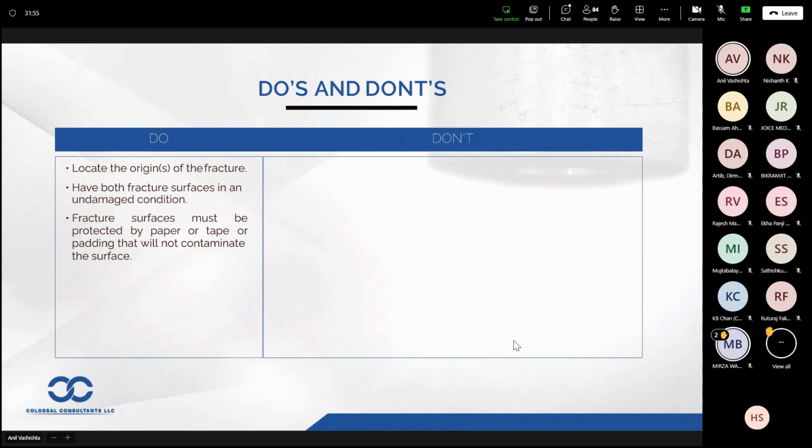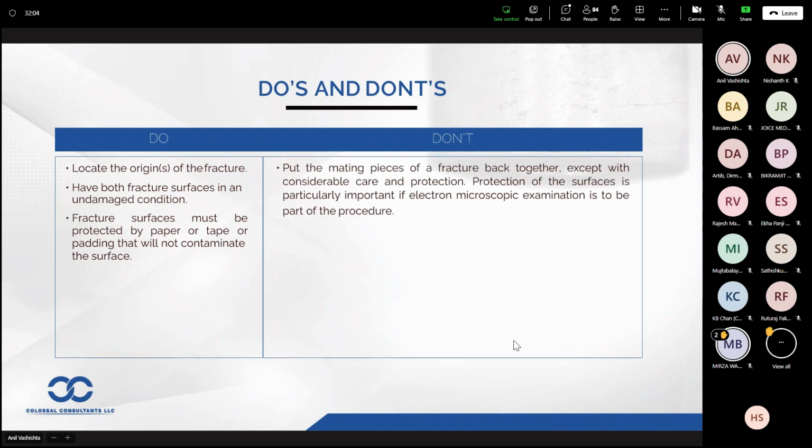Fracture surfaces must be protected by tape around them, and the fracture surfaces should not be touched to each other, because you are trying to abrade the surface and remove certain fluids that are important in SEM analysis.